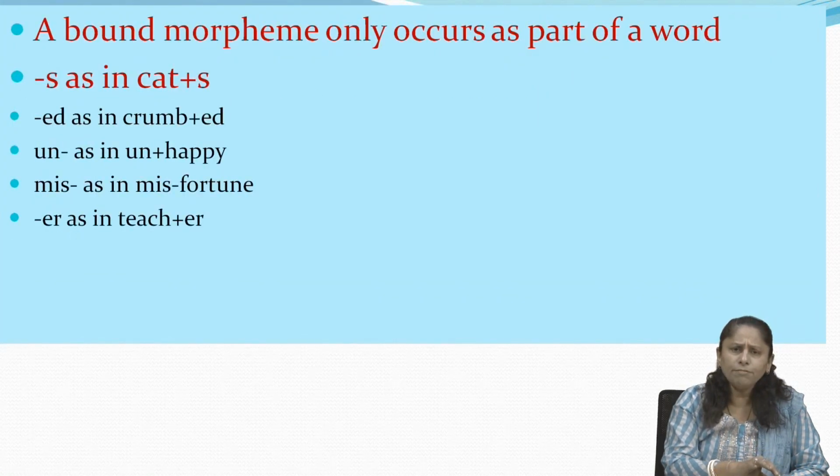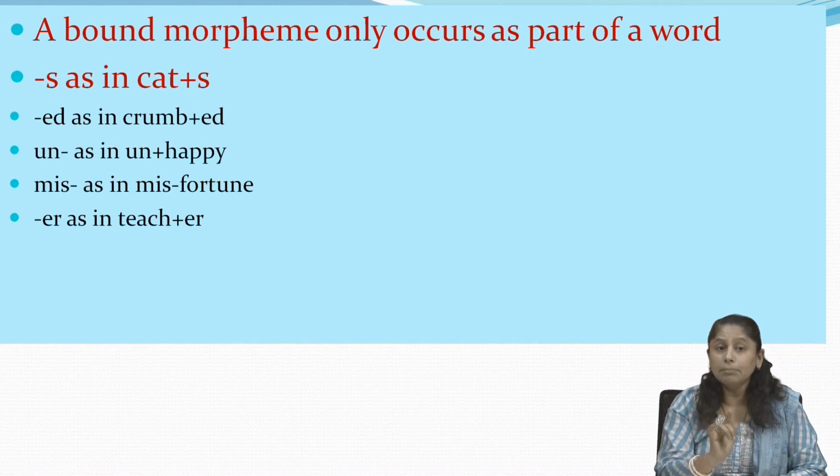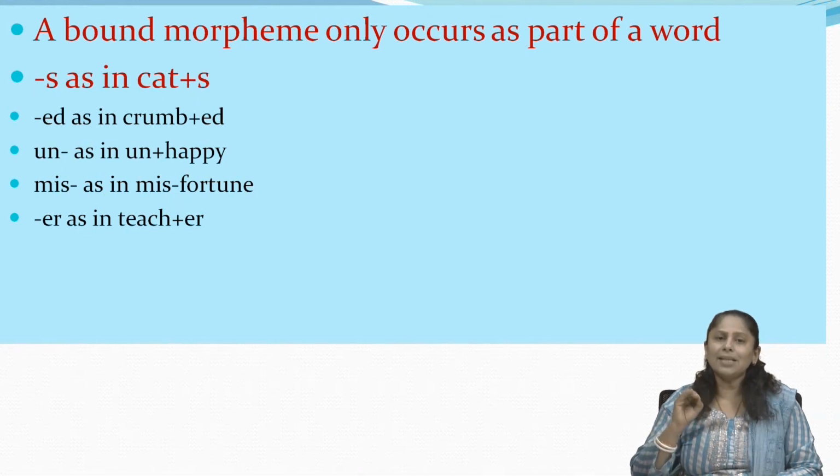A bound morpheme only occurs as part of a word: s as in cats, ed as in crumbed, un as in unhappy, mis as in misfortune, er as in teacher. So you can see teach, fortune, happy, crumb and cat. These are the main words, base words. You need to learn that they are known as base words in this chapter of morphology.